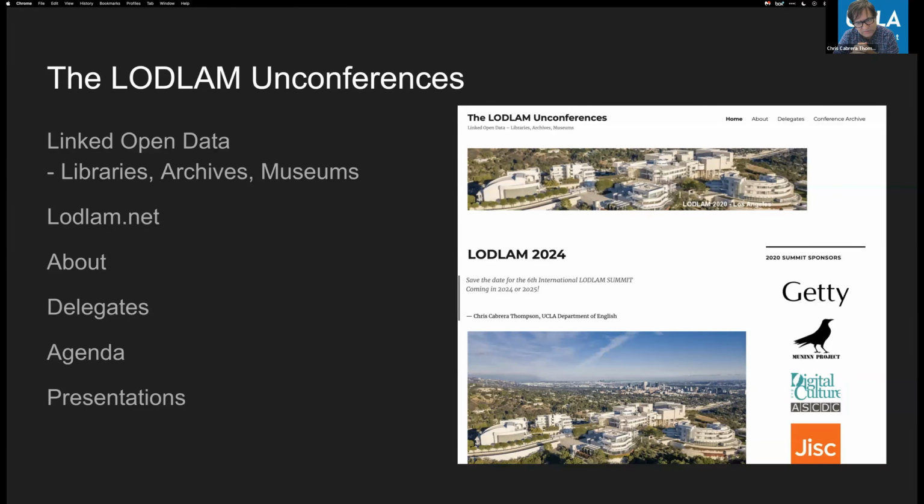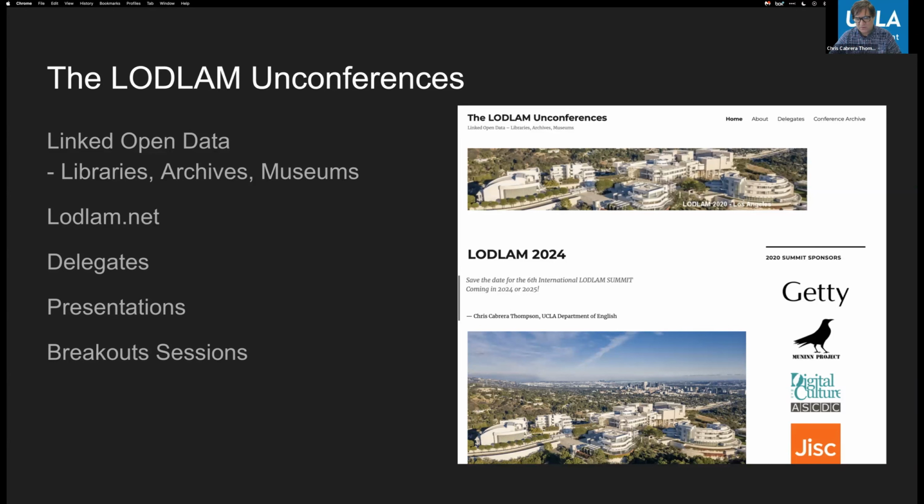I'll show you some of the presentations that occurred and the agenda that we sort of typically go through. I'll just go through these, and then there's breakout sessions that allow people to present and talk about specific subject areas. Very informal. It was held at the GRI at the Getty Research Institute.